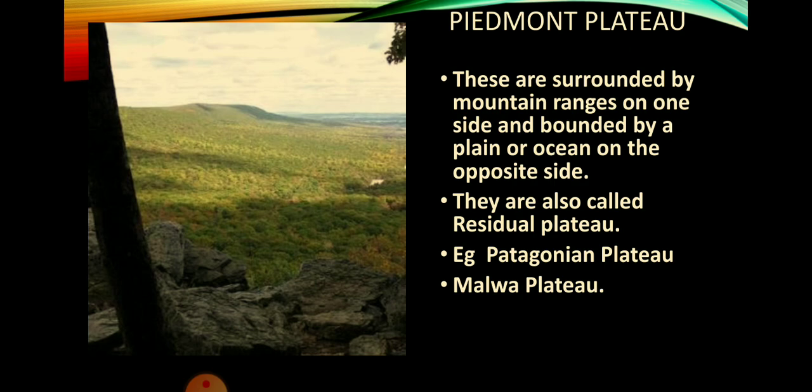They are also called residual plateaus because people live there. It is a good place to live, and we can do agricultural activities. It's not like any other plateau; we can make houses there and stay there.